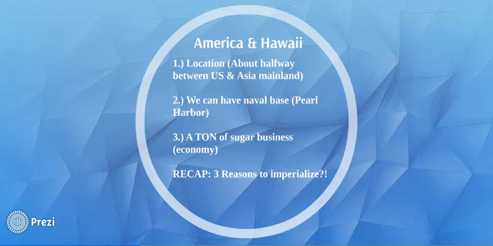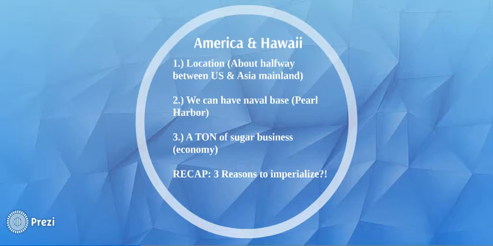America officially takes over Hawaii in 1898 under the rule of President William McKinley. We talked about McKinley a little bit because McKinley was assassinated, which led to Roosevelt becoming president of the United States. Anyway, there are a number of good reasons why America wanted to take over Hawaii.